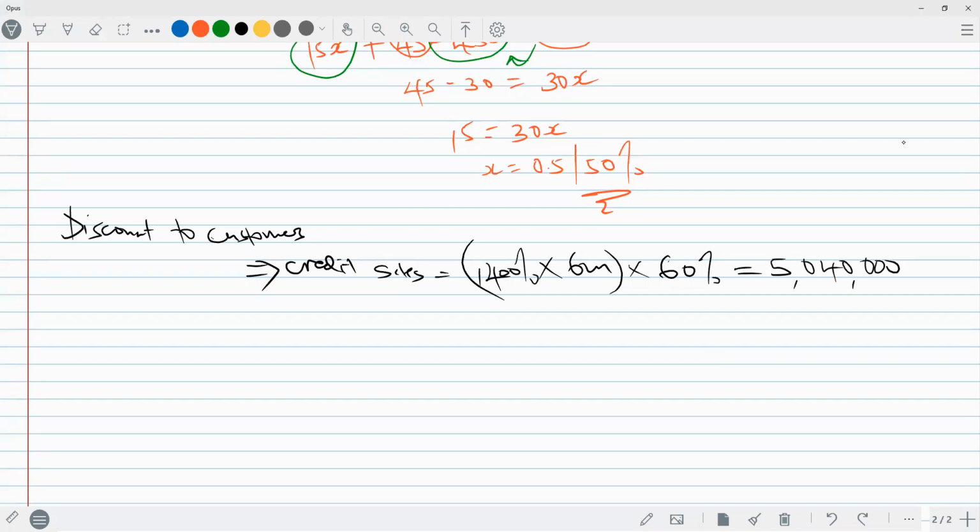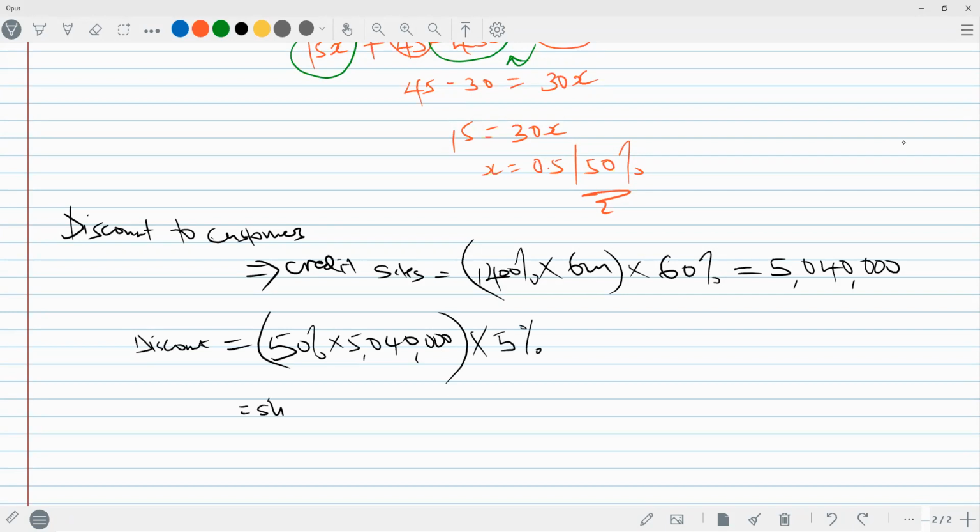And you are told that out of the 5,040,000, only half of them get the discount. Therefore the discount will be equal to 50% of 5,040,000. Those are the ones who get the discount. The amount of discount we give them is 5%.